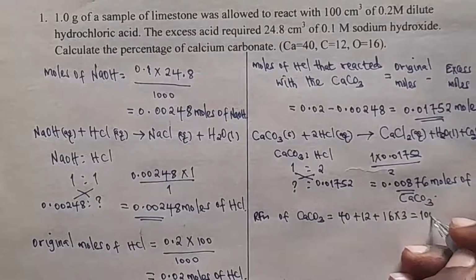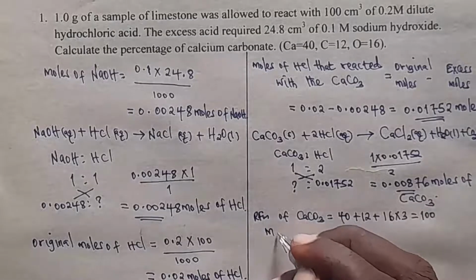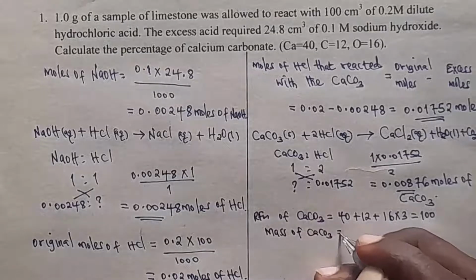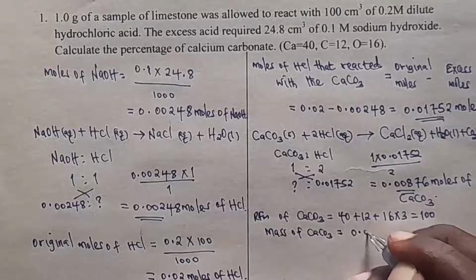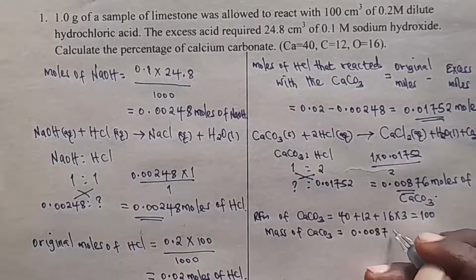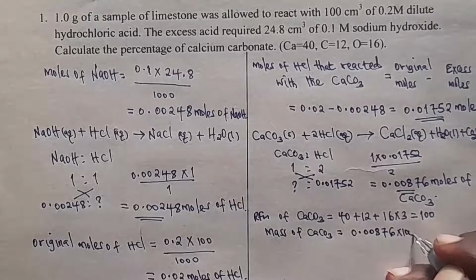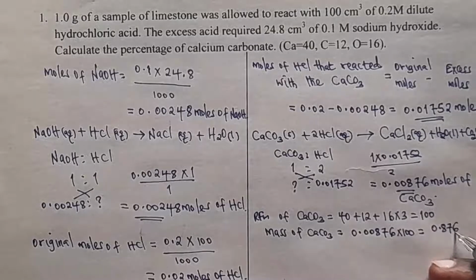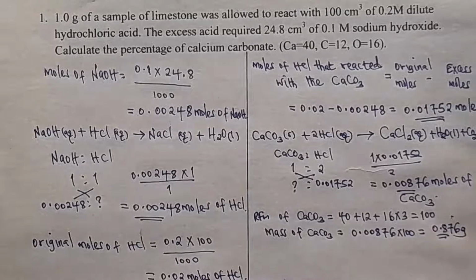All this we are going to get 100. So the mass of calcium carbonate will be equal to moles, which is 0.00876 times 100. So here we are going to get 0.876 gram. That will be the mass of calcium carbonate.